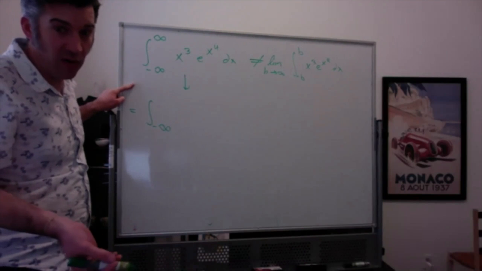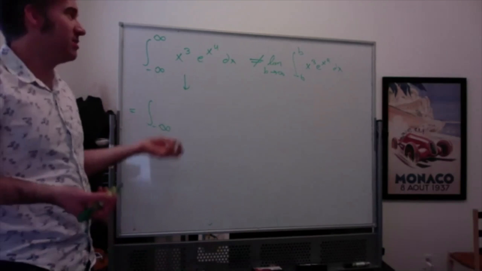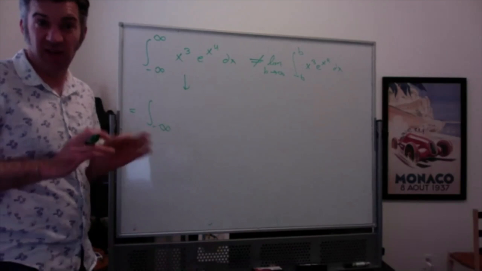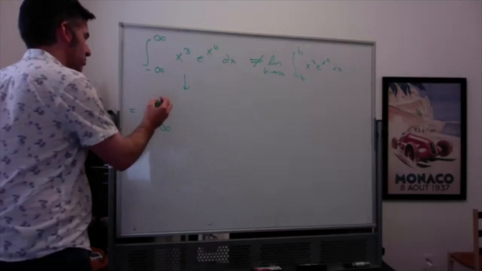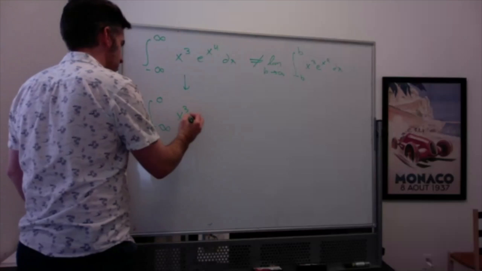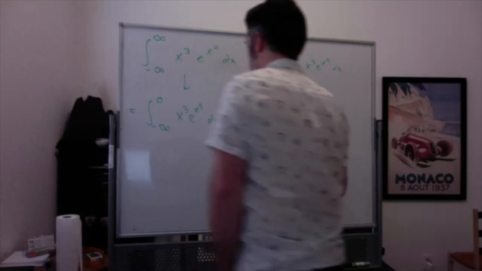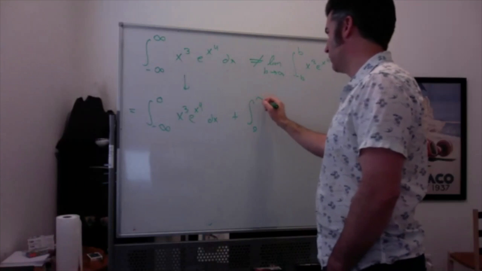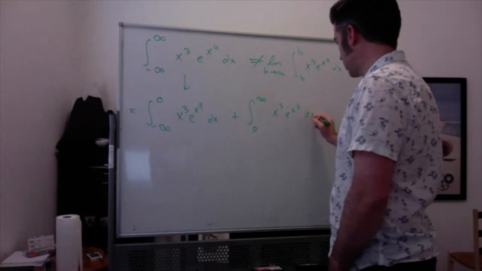Usually we pick 0, although you could pick 1 or 3 or negative 2, right? Whatever you like. If something looks specifically convenient, pick that. But if you don't have a good idea, pick 0. Plus the integral from 0 to infinity of x cubed e to the x to the 4th dx.